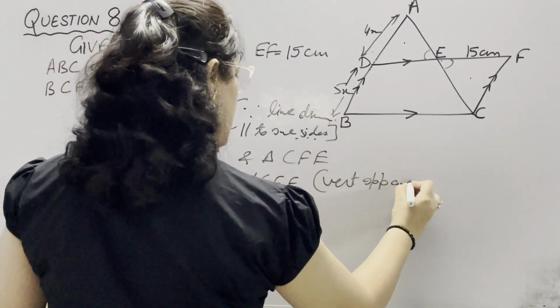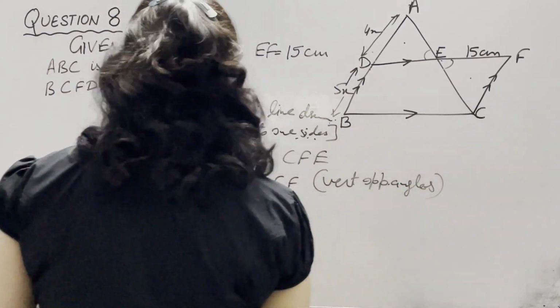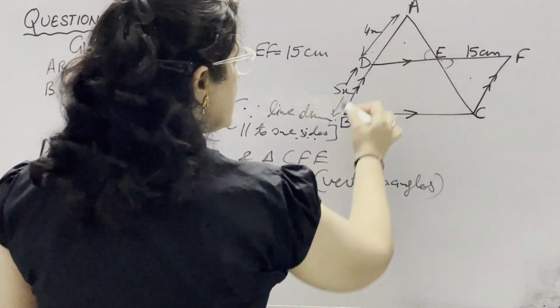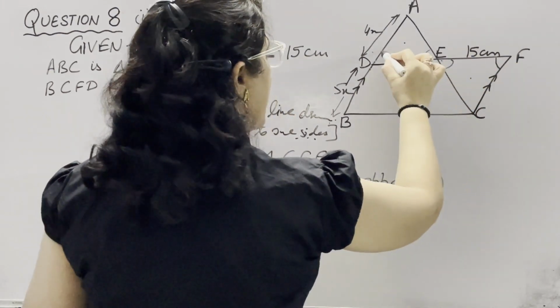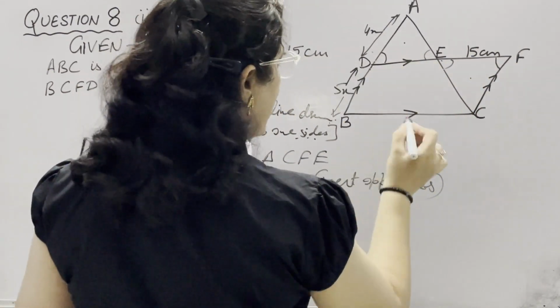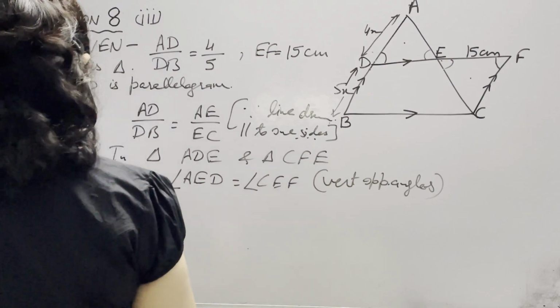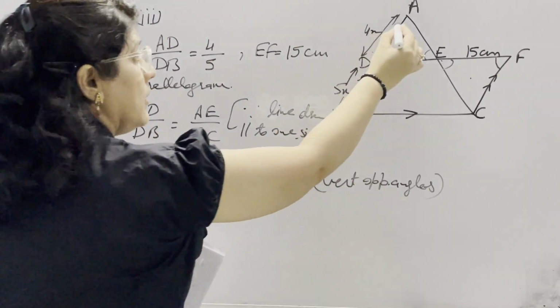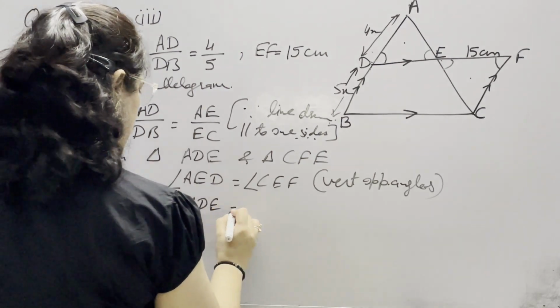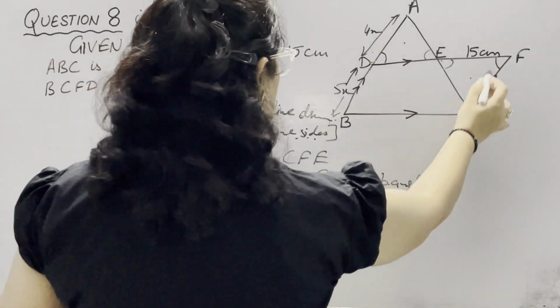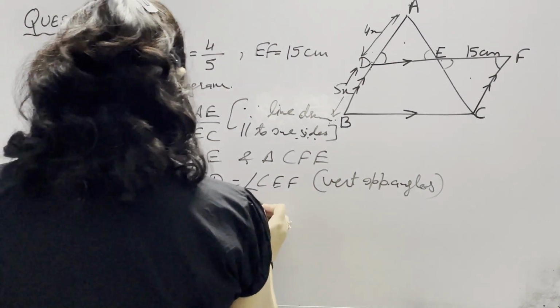Vertically opposite angles, and then these two lines are parallel and this is a transversal. So this angle and this angle are alternate angles. So angle ADE is equal to angle CFE.